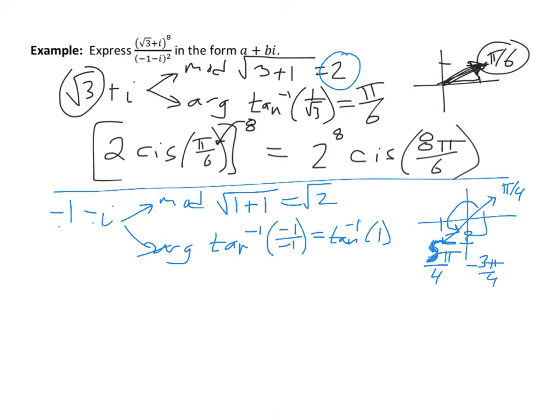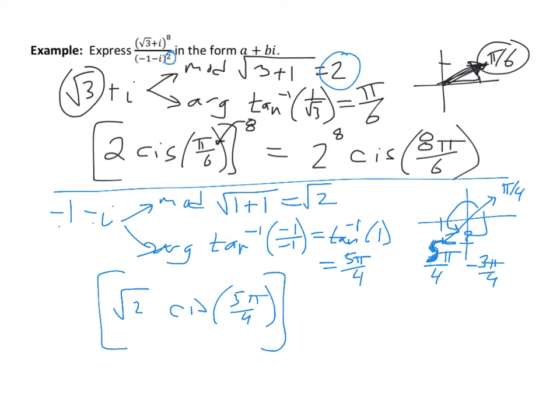Turns out either one of those is going to be okay. I'm going to go with 5 pi over 4. So we've written this as root 2 cis 5 pi over 4. I now need to take that and, as the problem says, square it. Using De Moivre's Theorem, this is root 2 squared cis, multiply the argument in, 10 pi over 4.